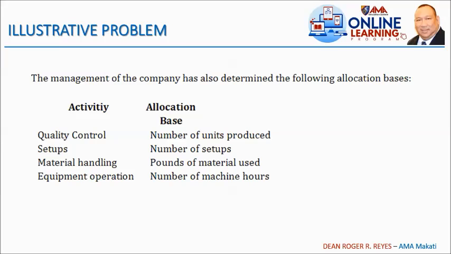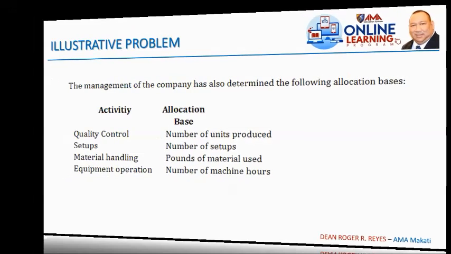Material handling, pounds of material used. So, in terms of pounds or weight, kilos of material used. So, siguro kilo-kilo ang kanilang materials. Equipment operation, number of machine hours. So ito yung 4 activities and ito yung allocation base. Now, kapag ready na ito, we can now continue.